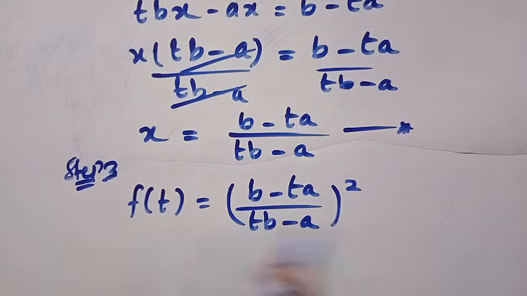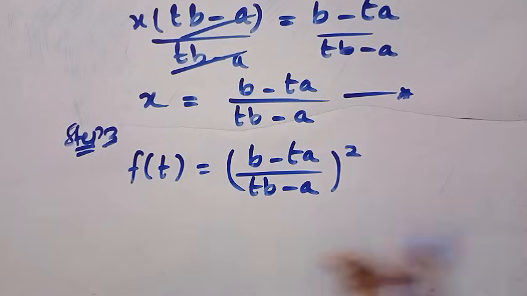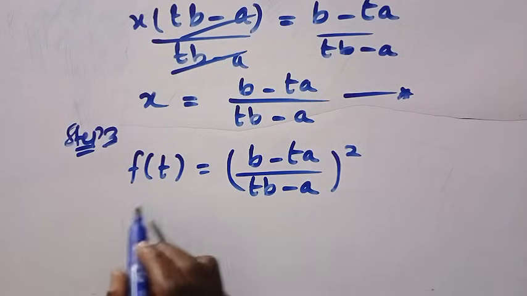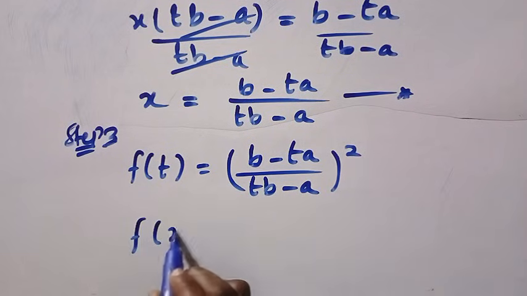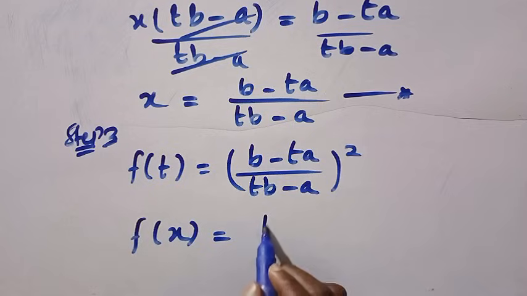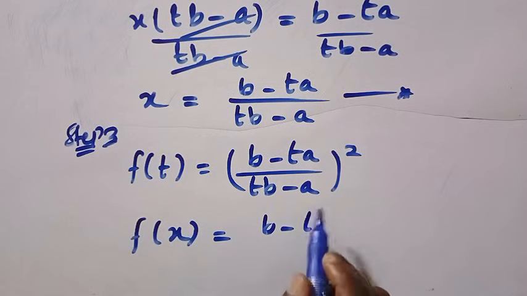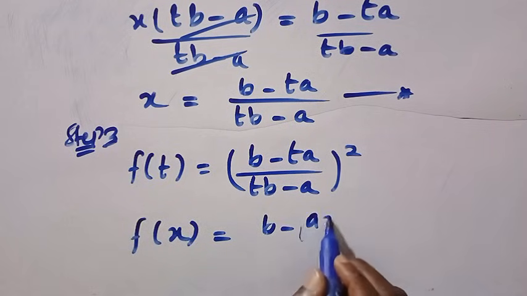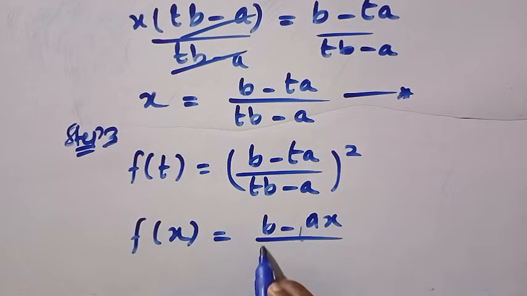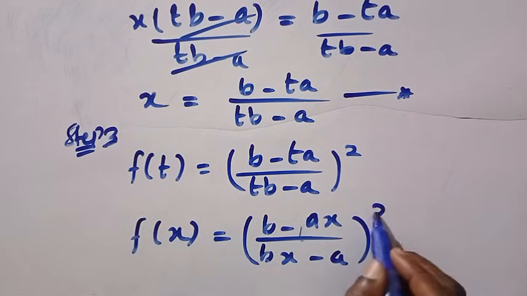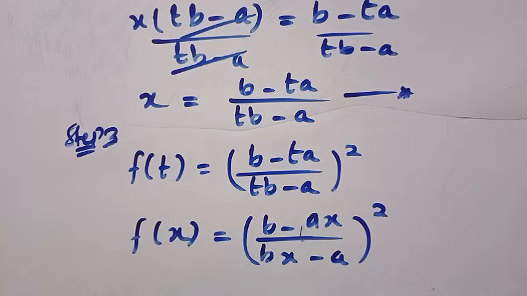And next, we replace every single t with x, as we have f of x equals ((b minus ax) divided by (bx minus a)) all raised to the power of 2. So this is how I solve this f of x step by step.